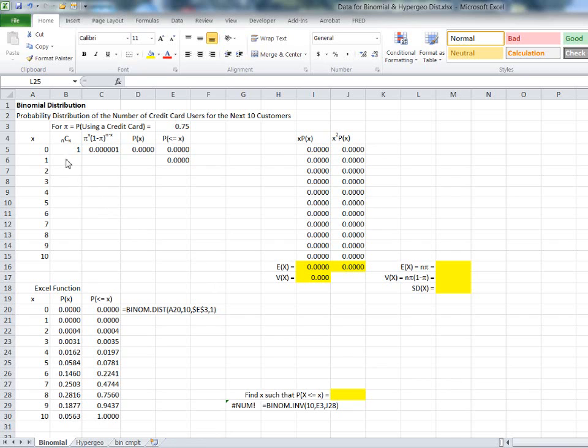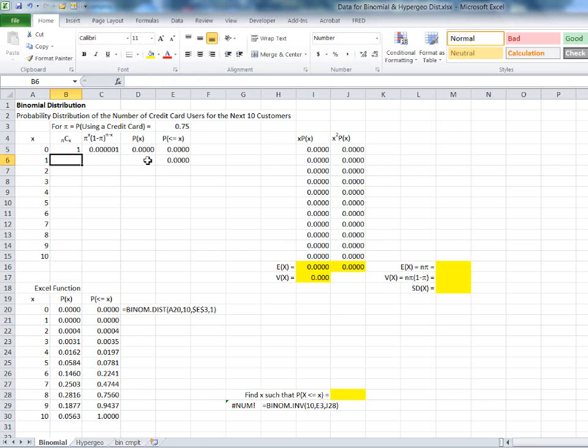And I do want you to be familiar with this. Basically, what you need to do is figure out how many different ways this x could happen. Okay, well, that's the combination rule. And so that's just taking n factorial over x factorial times n minus x factorial, so n is 10 here, divided by 0 factorial times 10 minus 0 factorial.